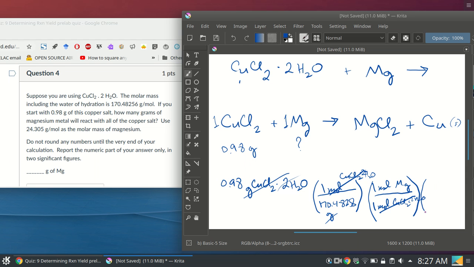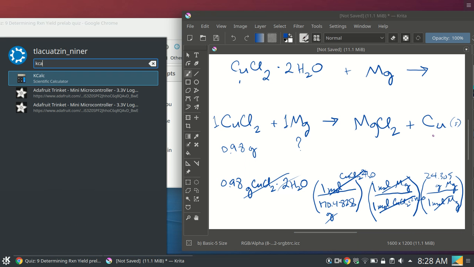Okay, so let me convert this magnesium to grams. So 1 mole of magnesium is, it says 24.305 grams of magnesium. So 1 mole of magnesium cancels with 1 mole of magnesium. So let's see what my answer is going to be.